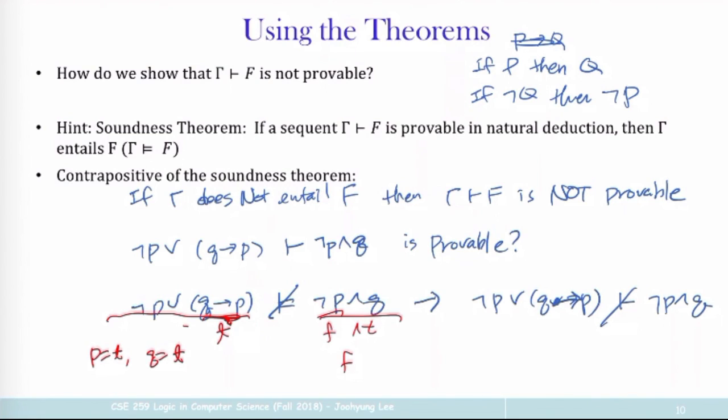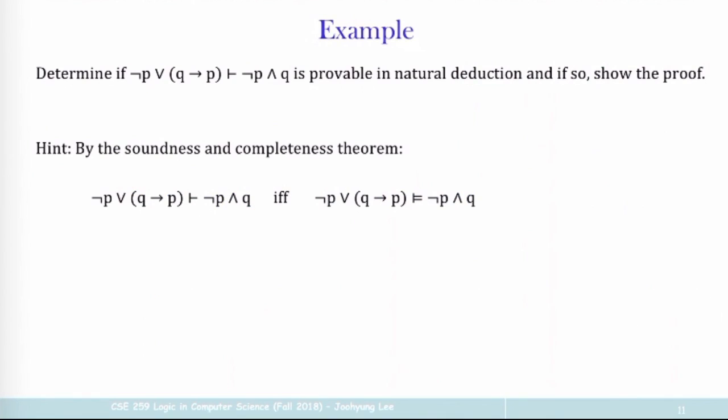Since we know that entailment does not hold, by the contrapositive of the soundness theorem, we say that the sequent is not provable. Done. Okay? So in other words, these two statements are the same thing, right?